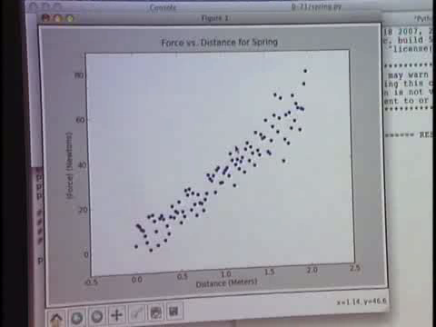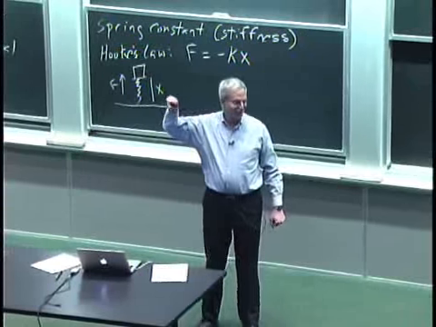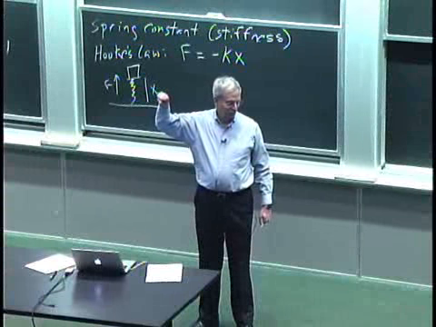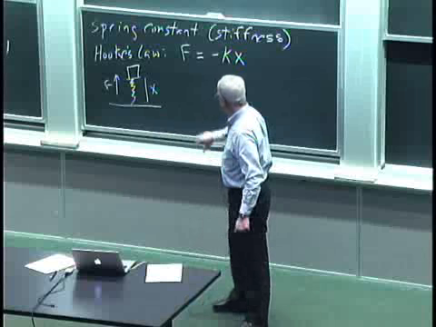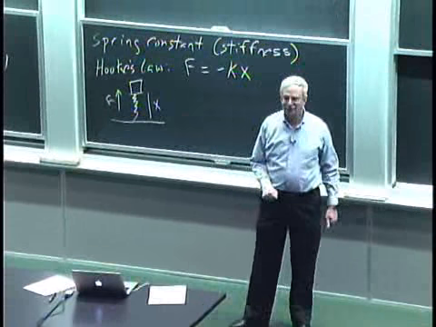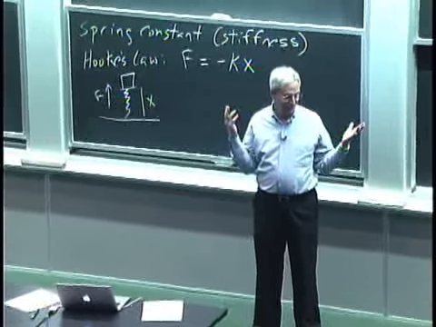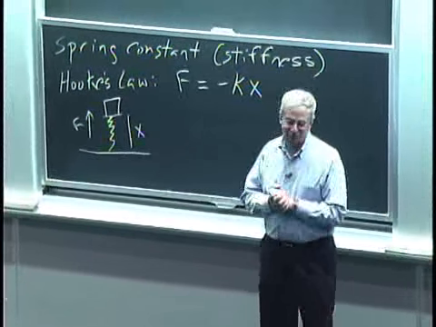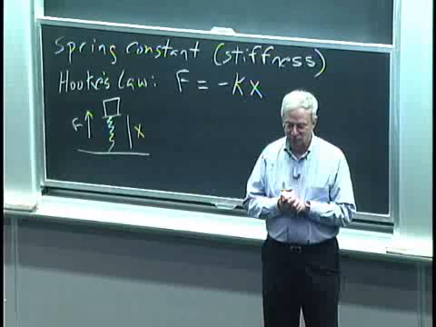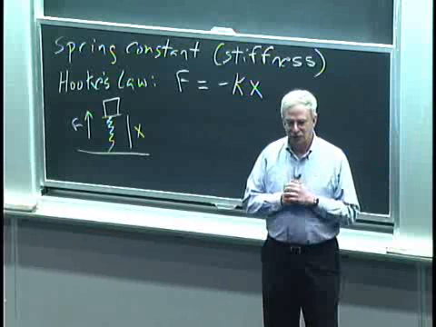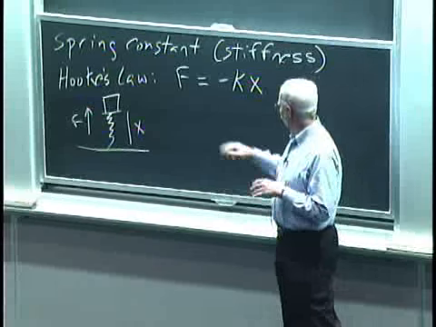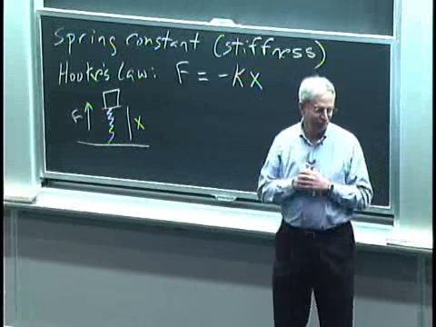Because Hooke's law implies that, in fact, these points should lie in a straight line. Right? If I just plug in values here, what am I going to get? A straight line, right? I'm just multiplying k times x.